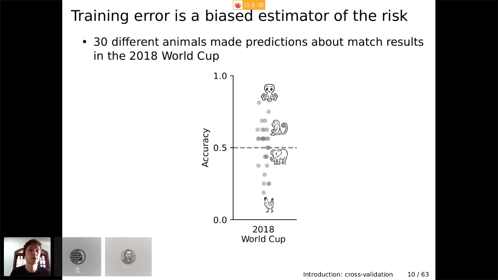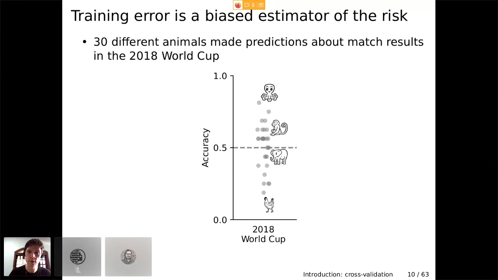So just to illustrate that, a very simple example. As you know, the World Cup is ongoing. And every time this happens, there are some animals that make predictions about the outcomes of the game. So, for example, someone shows to a dog or something 2 flags of the 2 teams that are going to play, and the first one it touches is the team that is supposed to win.